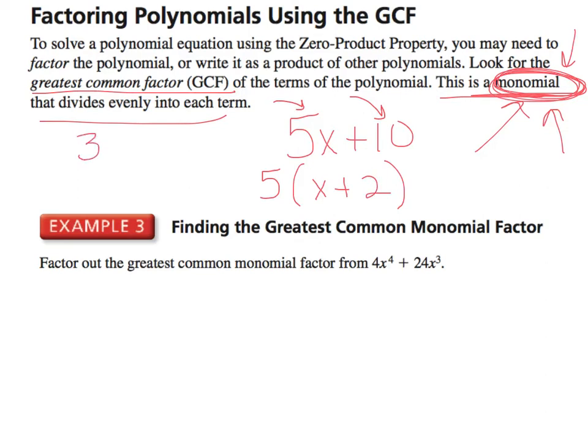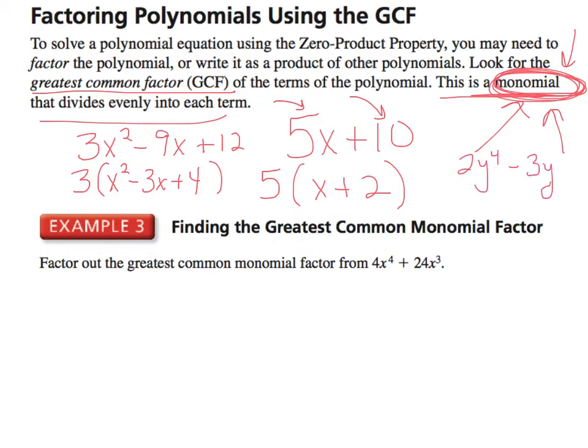If I gave you this, 3x squared minus 9x plus 12, what can go in all of those? 3, 9, and 12 can all be divided by 3. So you would divide out a 3, and what you would have left would be x squared minus 3x plus 4. If I gave you this, 2y to the 4th minus 3y to the 2nd. 2 and 3 do not have a common factor other than 1.